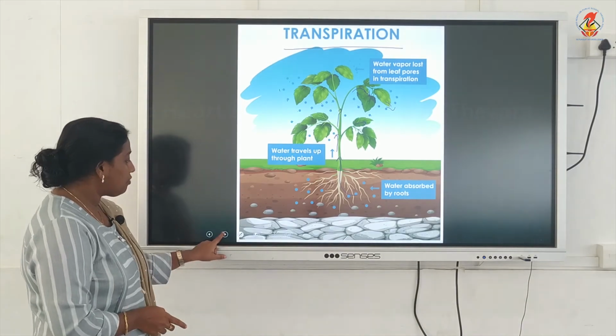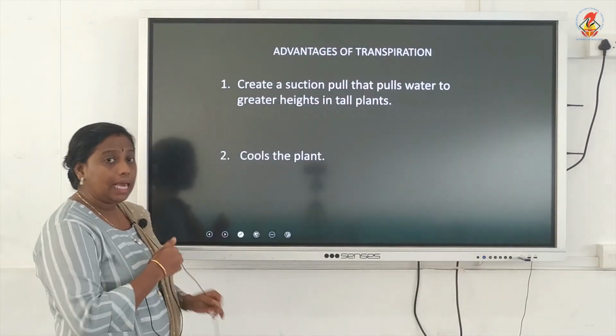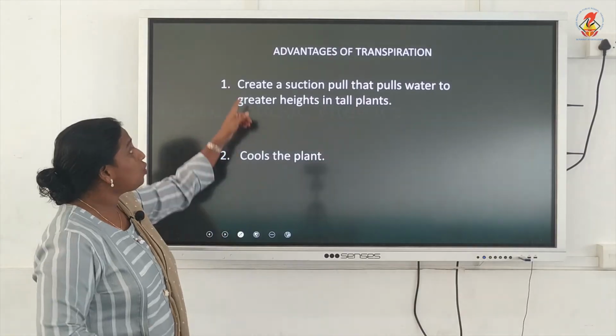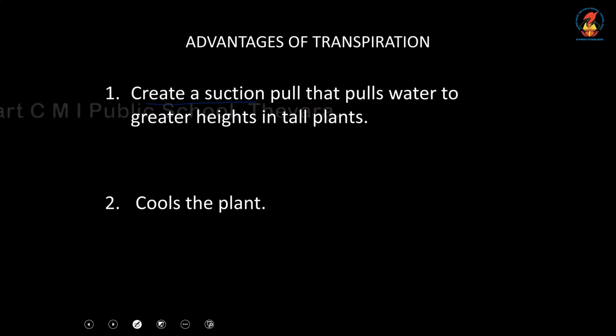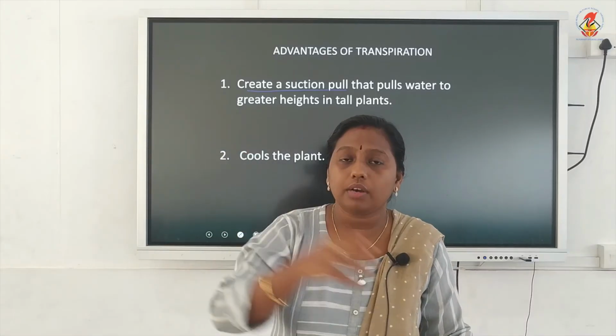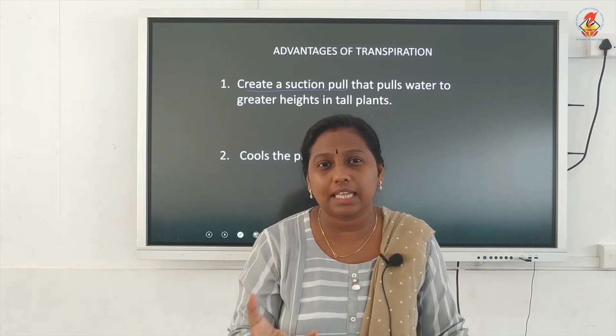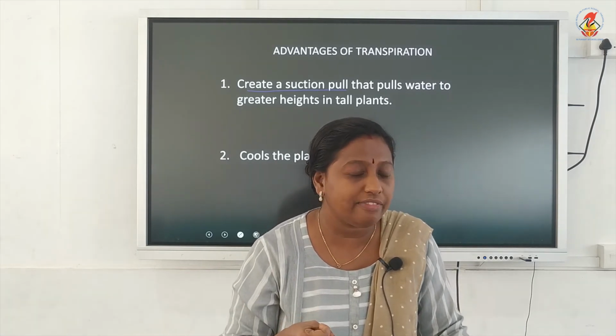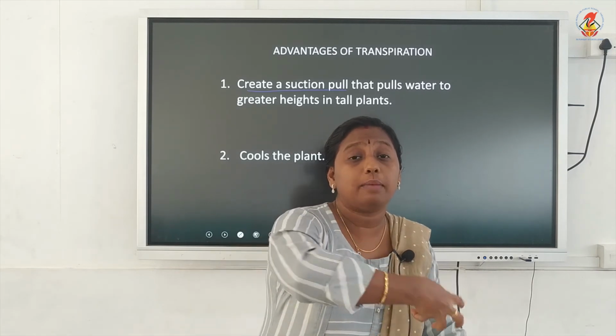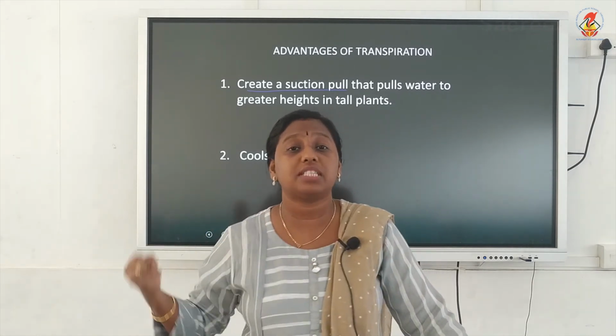Now, transpiration will help the plant to create a suction pull. When the plant is losing water in the form of water vapor from the leaf, there is always a deficiency of water in the leaf. So, what will the leaf do? The xylem of the leaf will absorb the water from the xylem of the stem.